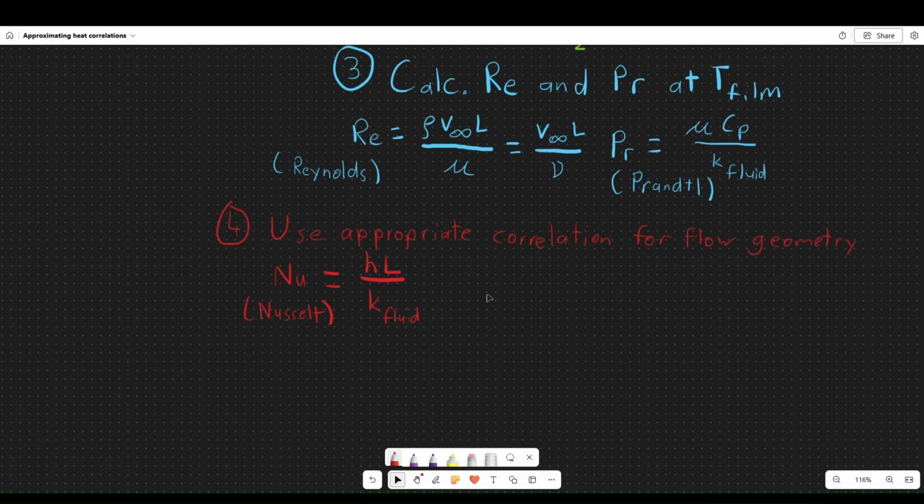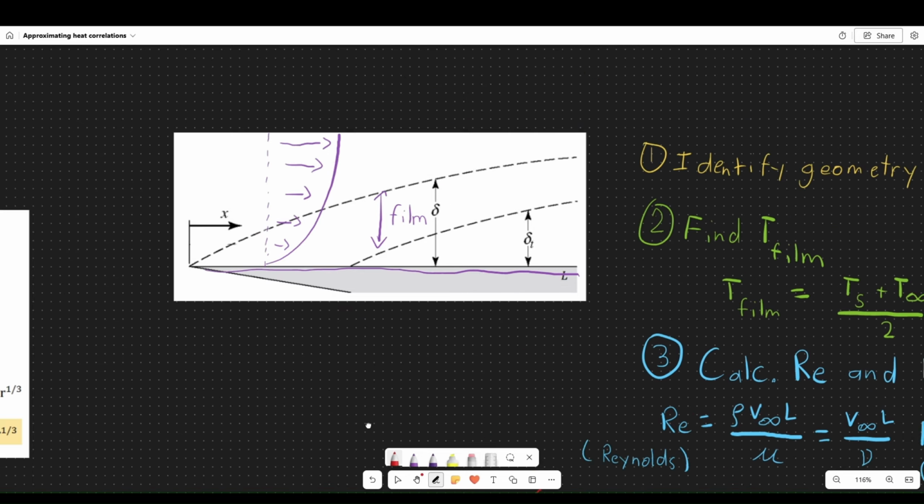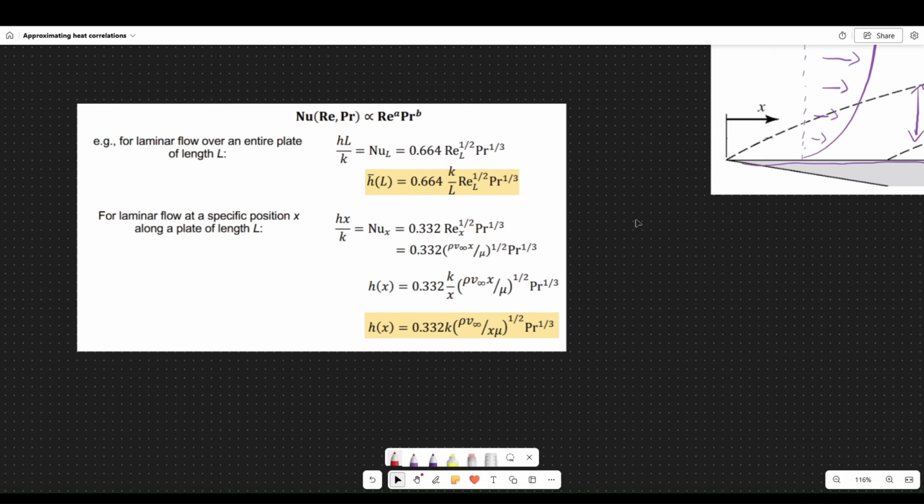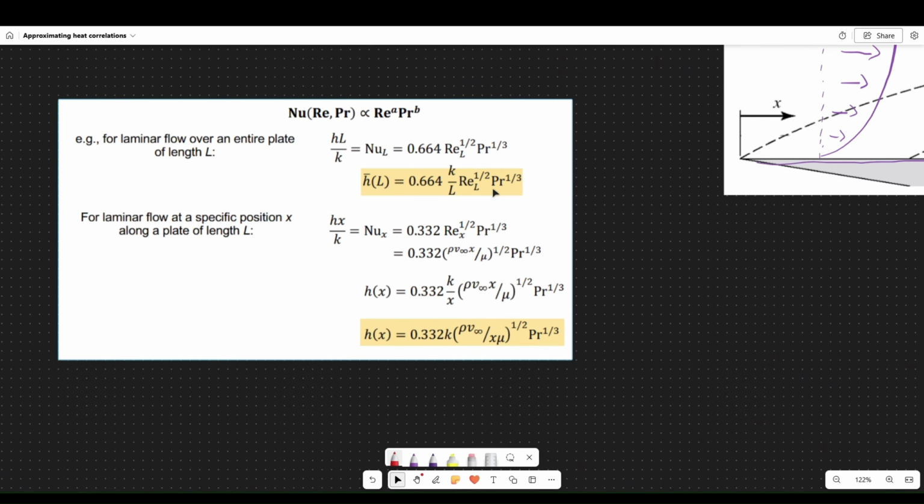But the Nusselt number is basically going to be found as some sort of relation between the Reynolds number and the Prandtl number. So if I go back to this graphic, you can see that we have these different constants in front of them, but these exponents can change too depending on the geometry.